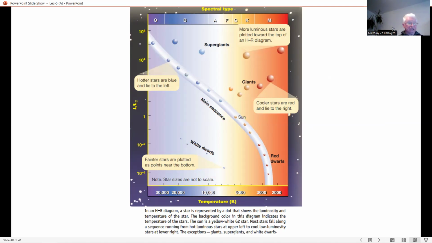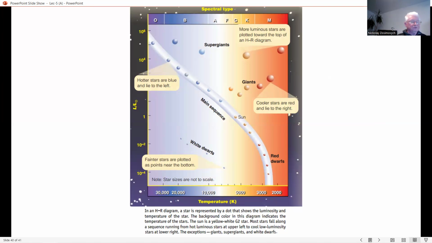Astronomers use HR diagrams so often that they usually skip the words "the point that represents the star." Rather, they will say that a star is located in a certain place in the diagram. The location of a star in the HR diagram has nothing to do with the location of the star in space.